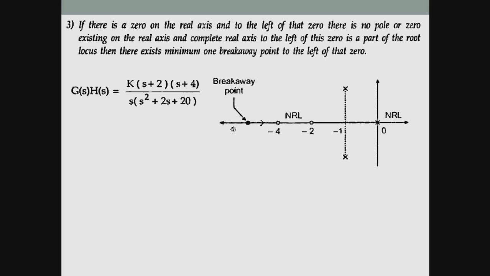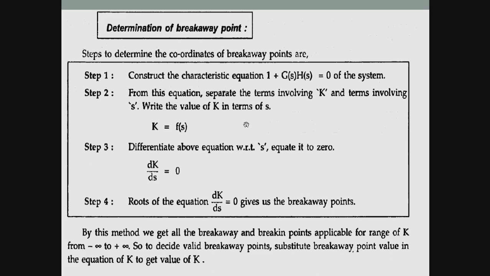These may be poles or zeros, but if this value is on the root locus, then I can say that there will be a minimum of one breakaway point on this left hand side. So that is one more way of checking it. This is one more test for the existence of a breakaway point.